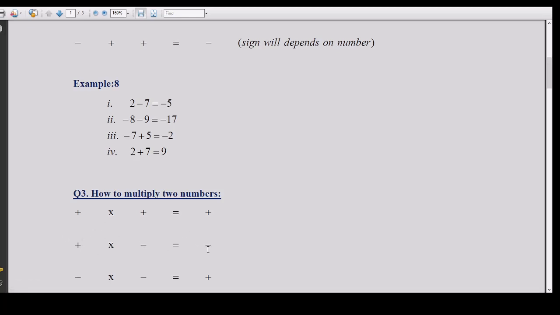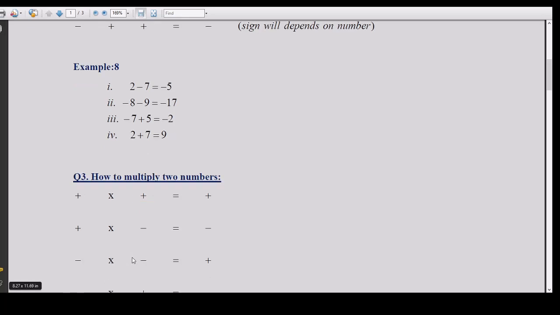Now the third condition is that if you have two numbers both having a minus sign, minus with minus is plus. The sign will be plus, and the numbers will be multiplied together.